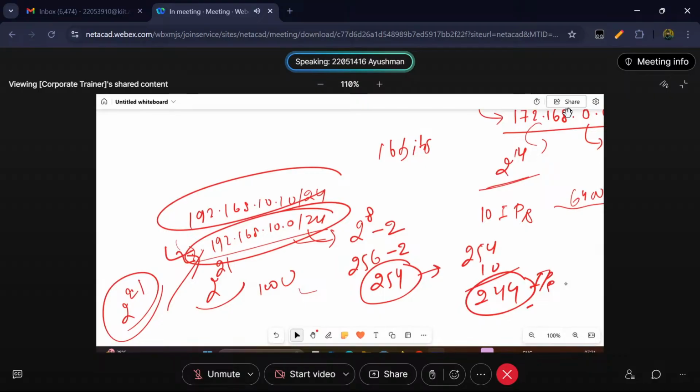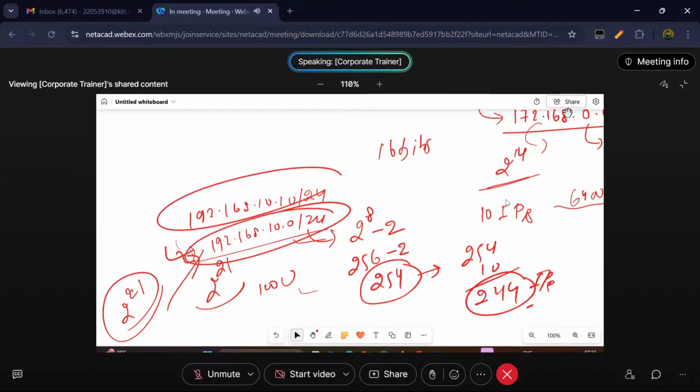Define also how many IPs will be wasted, because subnetting is not a complete solution. It is a solution, but we cannot say that you'll reduce the wastage of IPs by 100%. You can minimize it, but it will not be a 100% solution where no single IP is wasted.